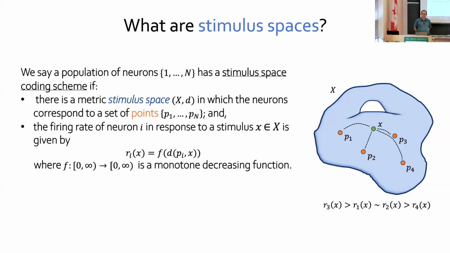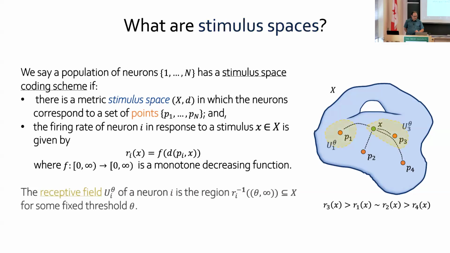And this is me just trying to put a little cover over the fact that there's a difference between what the neurons are doing and what the stimulus is. All right. And now I'm going to define the receptive field of a neuron at some threshold theta to be the super level set of that rate function.